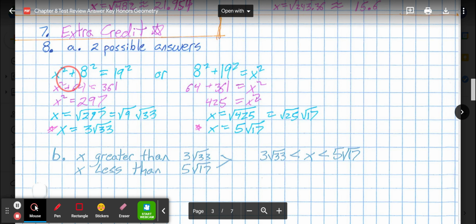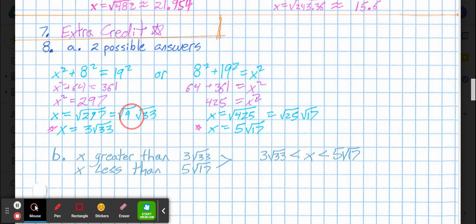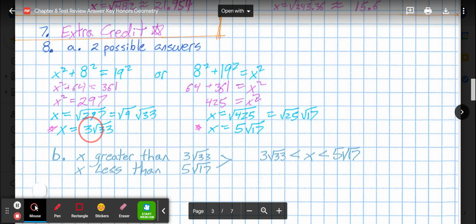So in the one where x is a leg, x squared plus 64 equals 361. So x squared is 297, meaning x is the square root of 297, which we can simplify to the square root of 9 times the square root of 33, which means x is 3 square roots of 33.